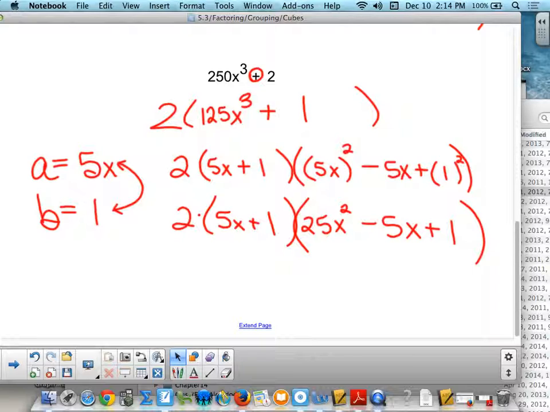Negative times negative is not negative. For this one, you use the discriminant. Difference means minus. It just wants to know the number of real solutions.